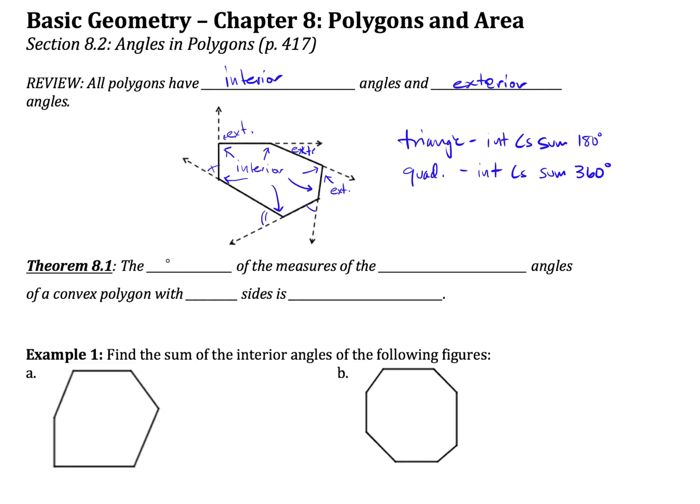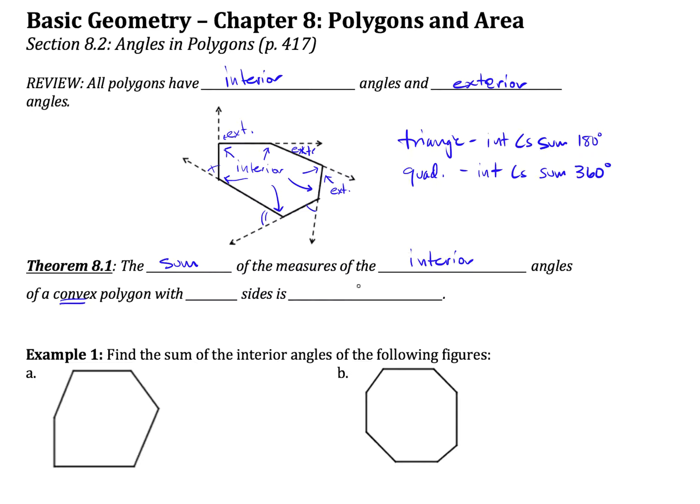So Theorem 8.1 says that the sum of the measures of the interior angles of a convex polygon, this only works for convex polygons. Remember, there are concave and convex polygons. This little formula I'm about to show you only works for convex polygons.